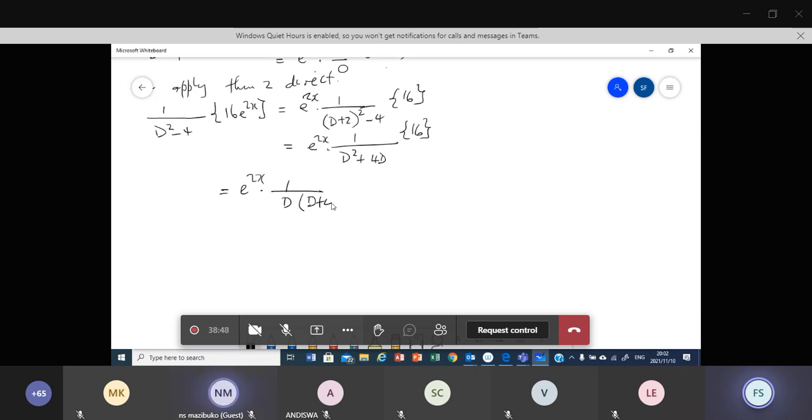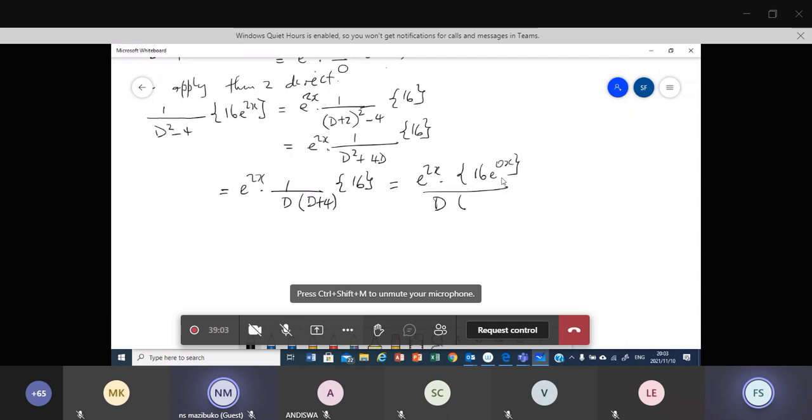That becomes e to the power 2x. This is a constant. Theorem 1, back to case 1. That is 16e to the power 0x all over D into D plus 4. We introduce that, and e to the power 0x will come in front. When it comes in front, it's going to be 1. It's not going to change anything.